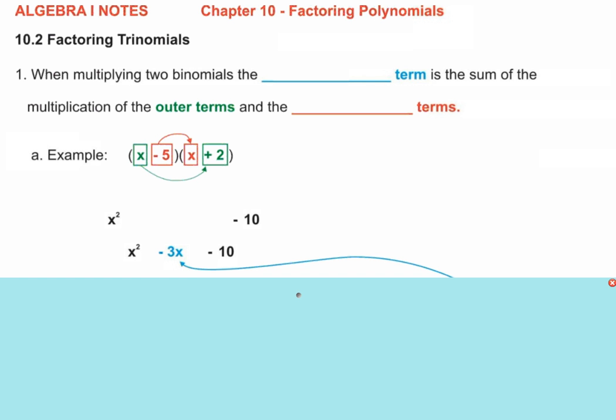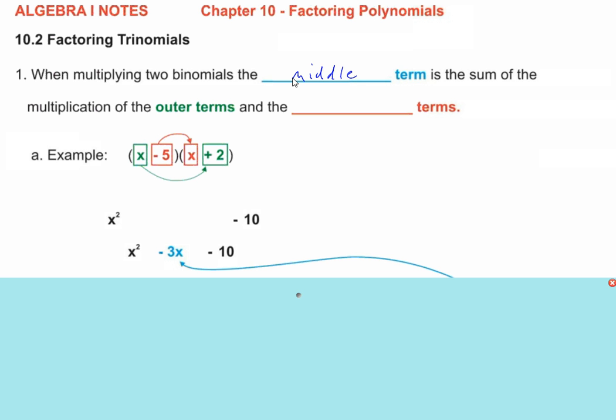All right, so now we need to factor trinomials. And they're a little bit different animal. So a couple keys. When multiplying 2 binomials, and then take your blue here, the middle term of a trinomial is the sum.